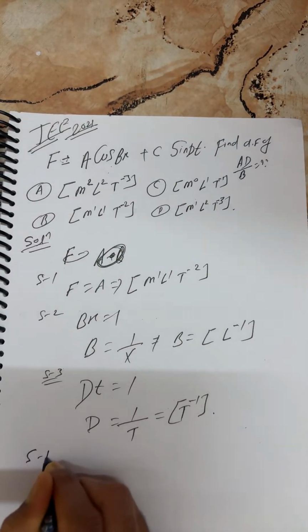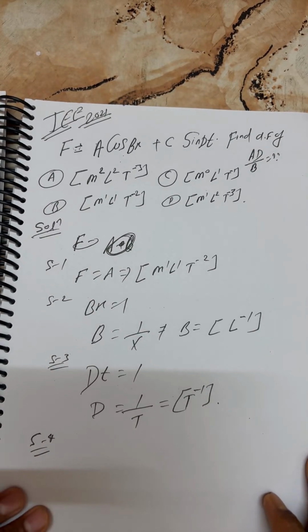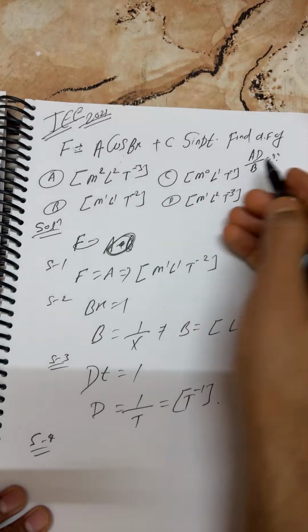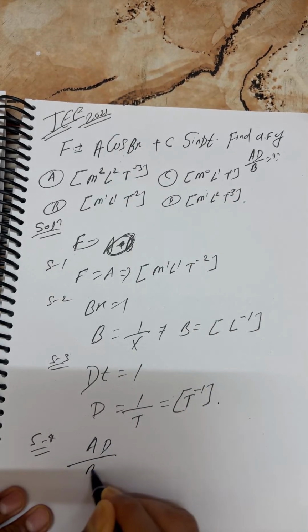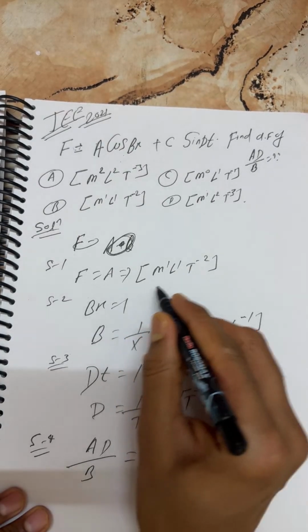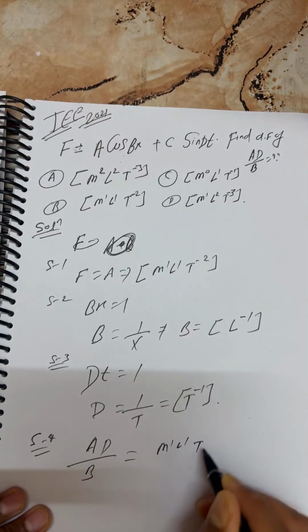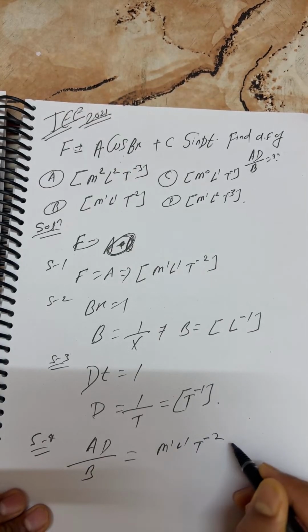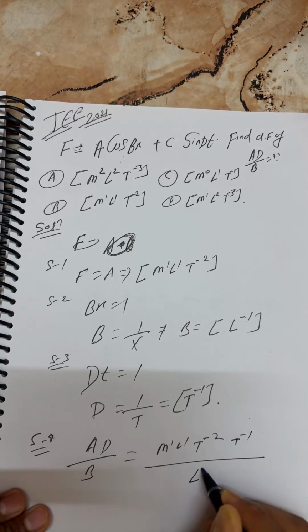Last is step 4 for the question. Just finalize here. According to the question, A D by B. A is M1 L1 T minus 2. D is T minus 1, upon B, which is L to the power minus 1.